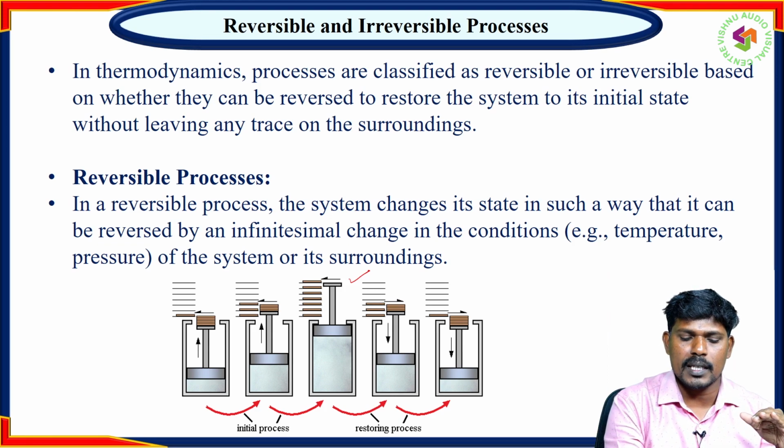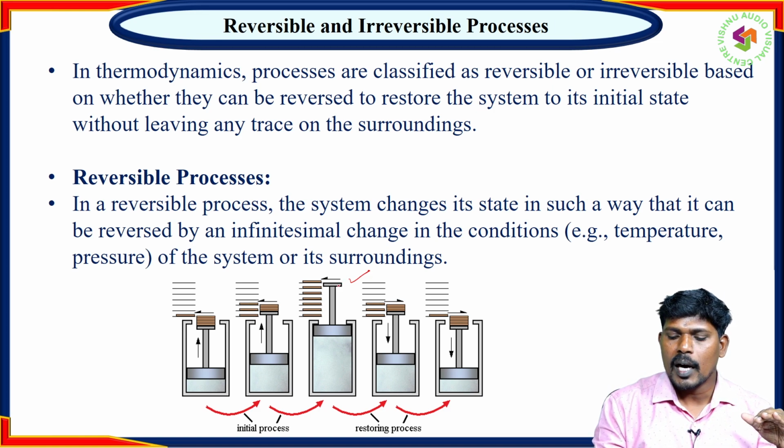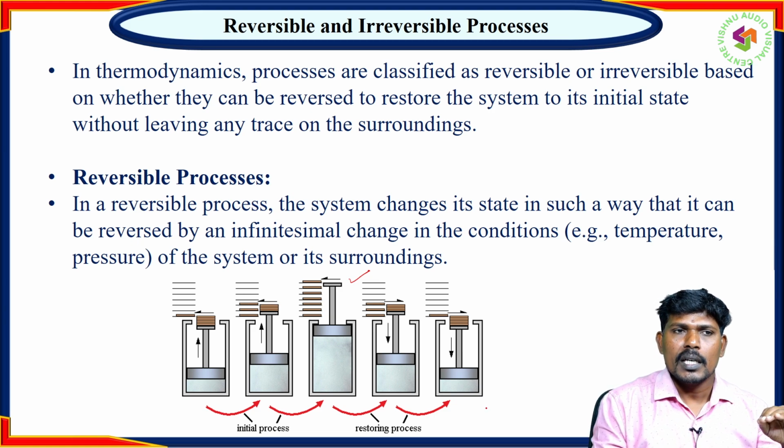So when we remove the loads, it goes through one process, and when we apply the loads again, it comes back to the initial condition. If that is the case, then it is called a reversible process.